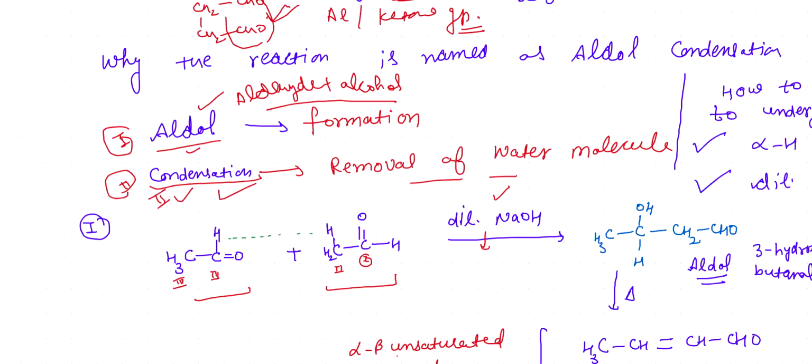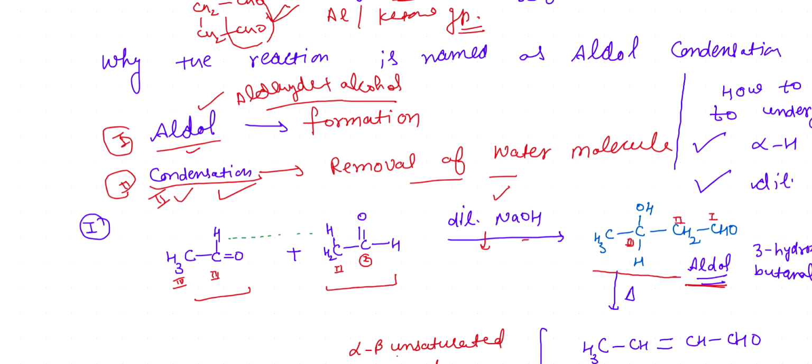So look at these two reactants, subjected to the presence of dilute NaOH. In the first step, there is formation of an intermediate known as aldol. This is carbon number 1, 2, 3, and 4. These two molecules are joining, 1, 2, 3, and 4.